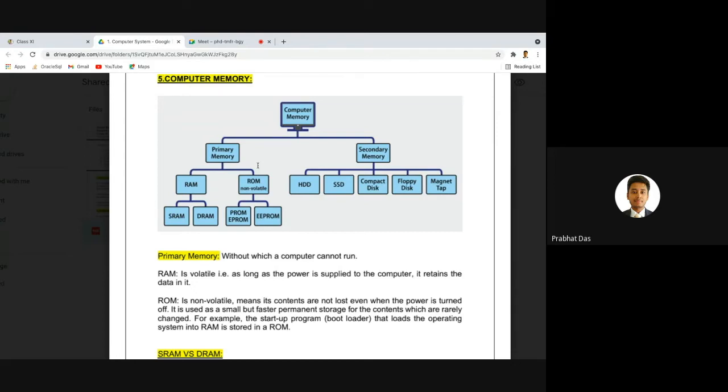The reason we cannot store the loader, the program whose responsibility is to load the operating system into the RAM, there is because the operating system itself is going to reside in the hard disk drive, and we don't know what kind of operating system is going to come. All those devices are erasable by the user, very easily.